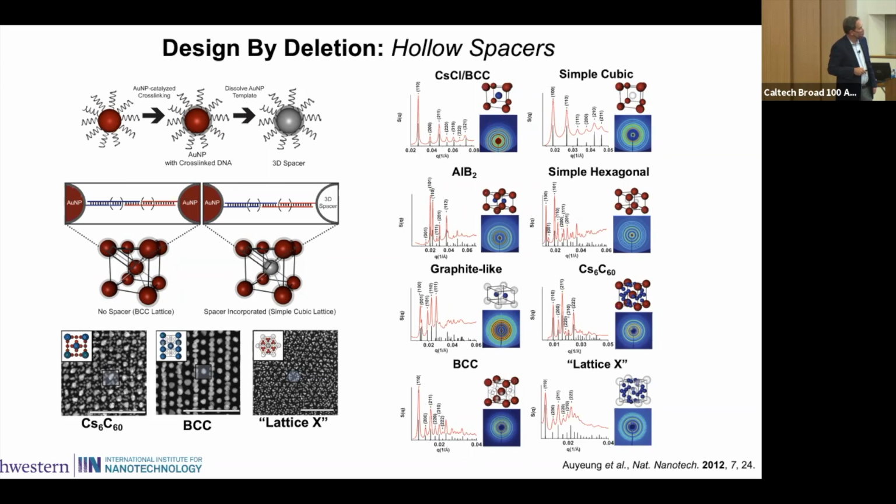If I replace the small guys with hollow, that becomes BCC. If I replace the big guys with hollow, that becomes lattice X. That's the first structure that has no mineral equivalent. It was Evelyn Young who discovered this. I told her she missed an opportunity. She should have called it lattice E, but I think we published it as lattice X.